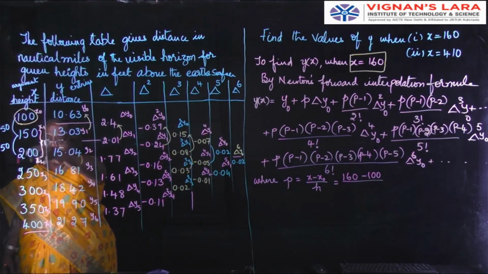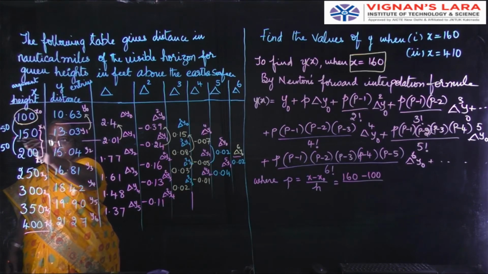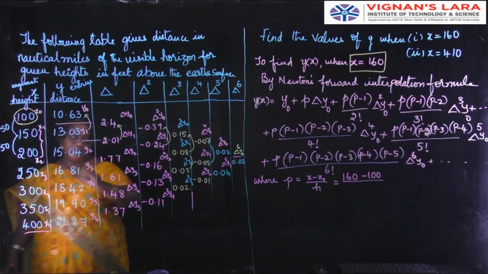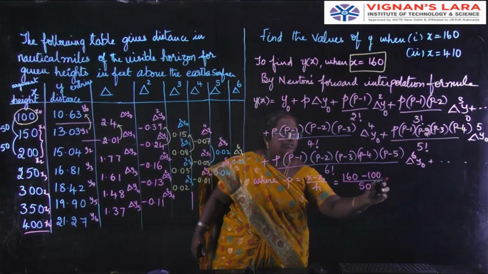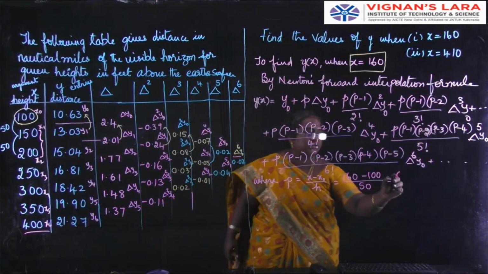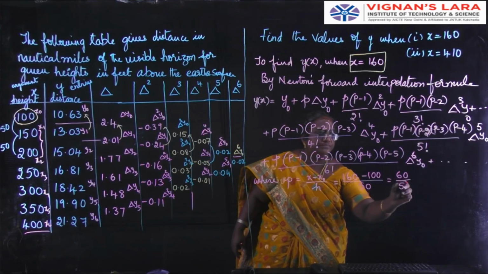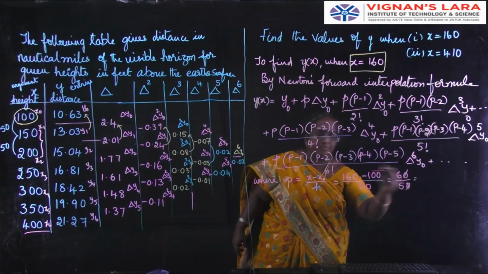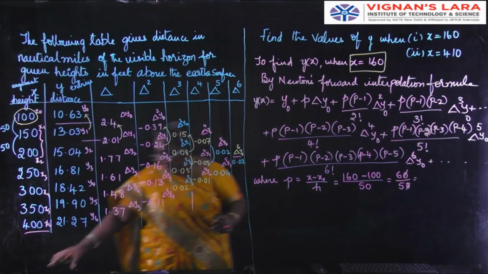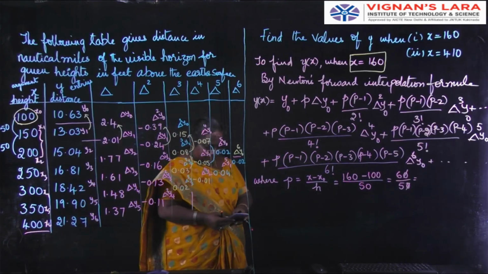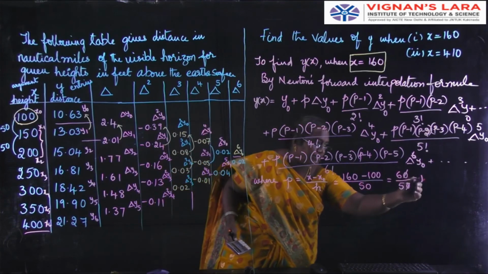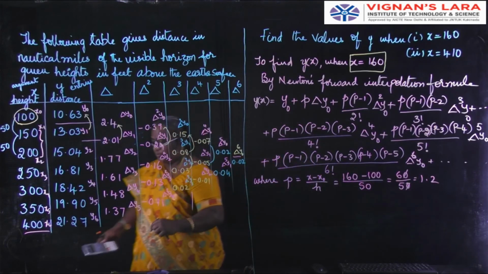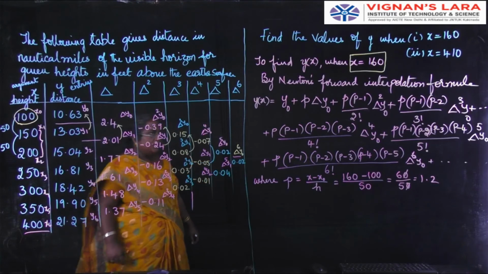The length of the interval is 150 minus 100, which is 50. So it is equally spaced with h as 50. So this turns out to be 60 by 50, so it is 6 by 5, which is 1.2. So our p is 1.2.